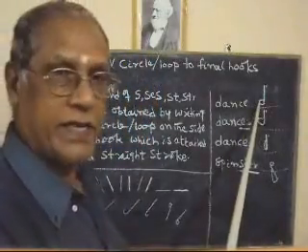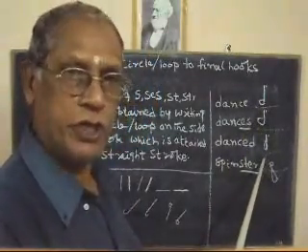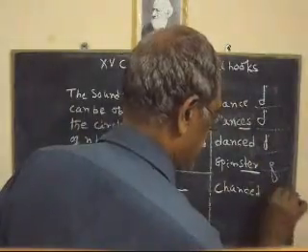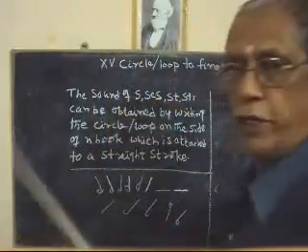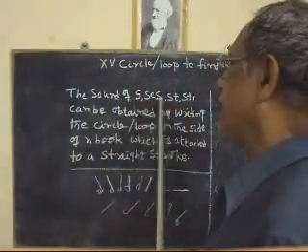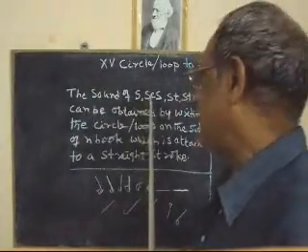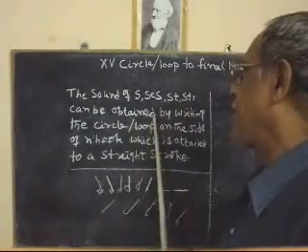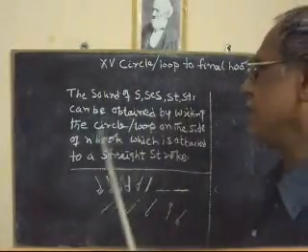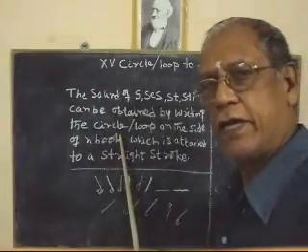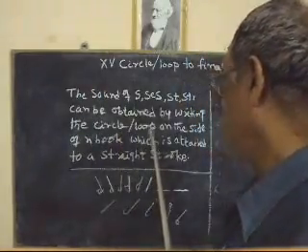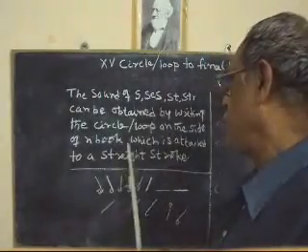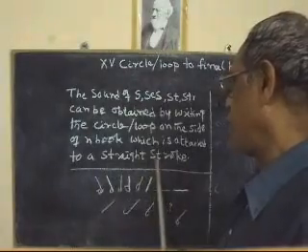Like this, small circle, large circle, small loop, large loop. Danced. Spinster. Chanced. The rule says the sound of S, SES, ST, STR can be obtained by writing the circle or loop on the same side of the N hook, which is attached to a straight stroke.